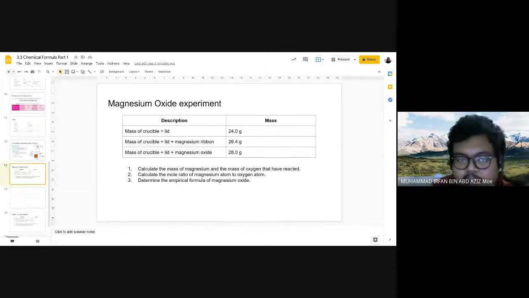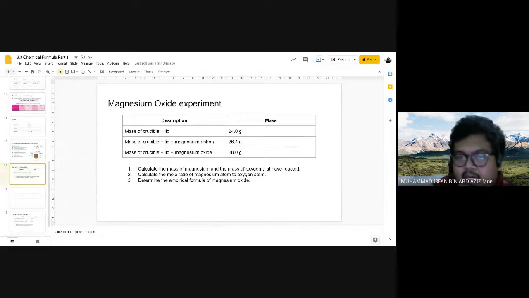Okay, Frankie cakap mass of O adalah 1.6 gram. So macam mana nak cari dia? Kalau buat eksperimen ni kita nak timbang, sebab tu perlu ada mass of crucible and lid ni. For example, bayangkan nak timbang air.